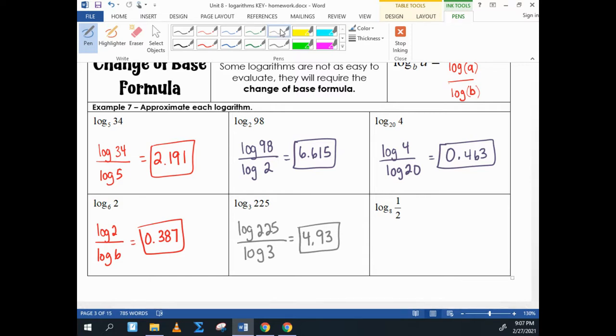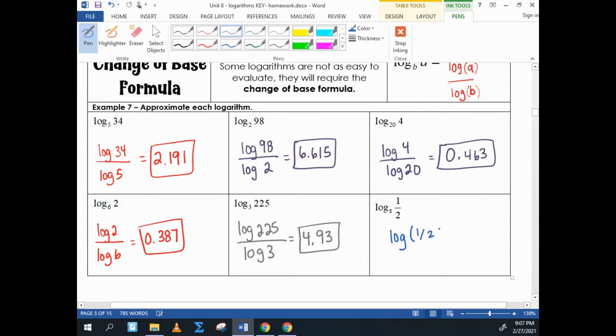All right, last one. This is one you can actually do by hand. You can say 8 to what power is equal to 1/2. Well, it's negative because it's in the denominator. It's also going to be a fraction. It's negative 1/3. But let's put it into the calculator. I'll show you how. So it's a log of, and remember, it pops up parentheses as soon as you hit the log button.